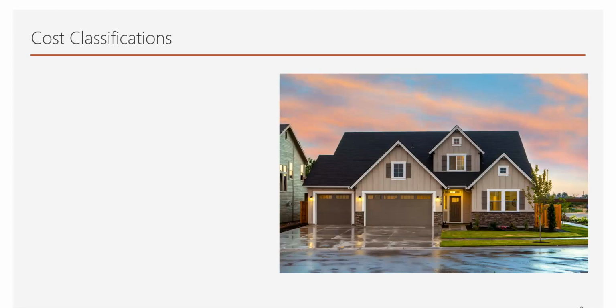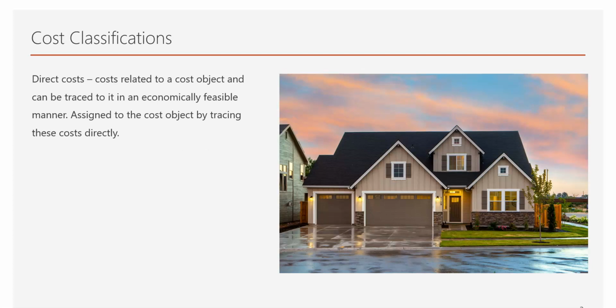So let's talk about some cost classifications. Direct costs are costs that are related to the cost object and that can be traced to it in an economically feasible manner. These costs are assigned to the cost object by directly tracing them.